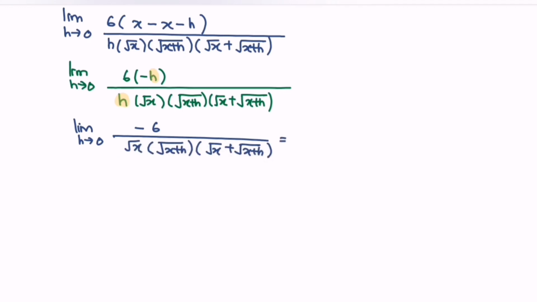Then substitute 0 into h. When we have square root of x, here we also have square root of x. So negative 6 over square root of x multiplied with square root of x multiplied with 2 multiplied with square root of x. The f'(x) equals negative 6 over 2x multiplied with the square root of x.